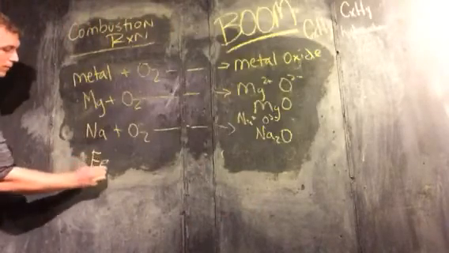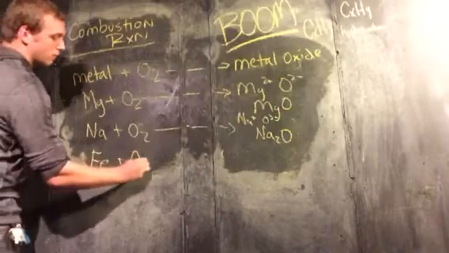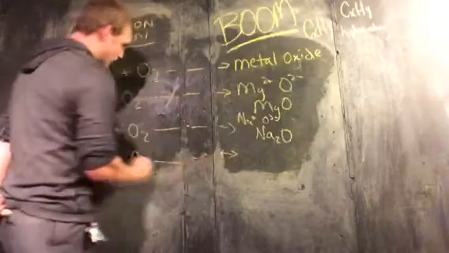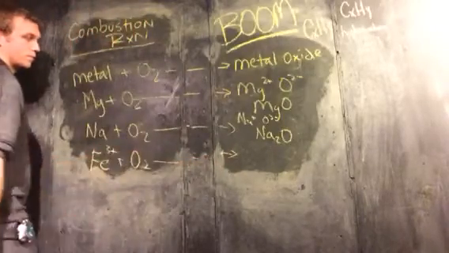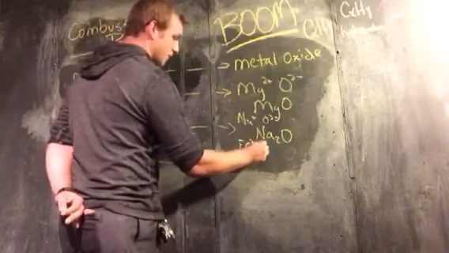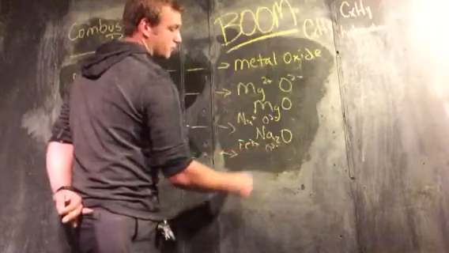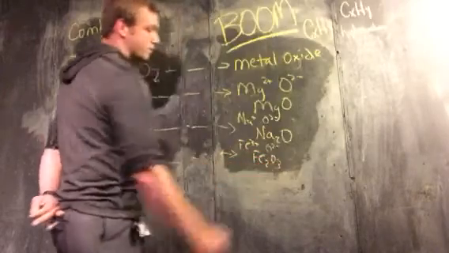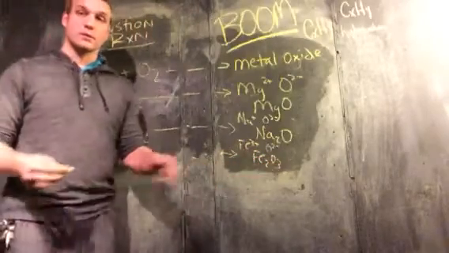This one's a lot more common. You burn iron. Let's say it's iron 3. That means it has a 3 plus charge. Then you would get Fe3+, O2-, crisscross it, Fe2O3. Okay? And that's it.